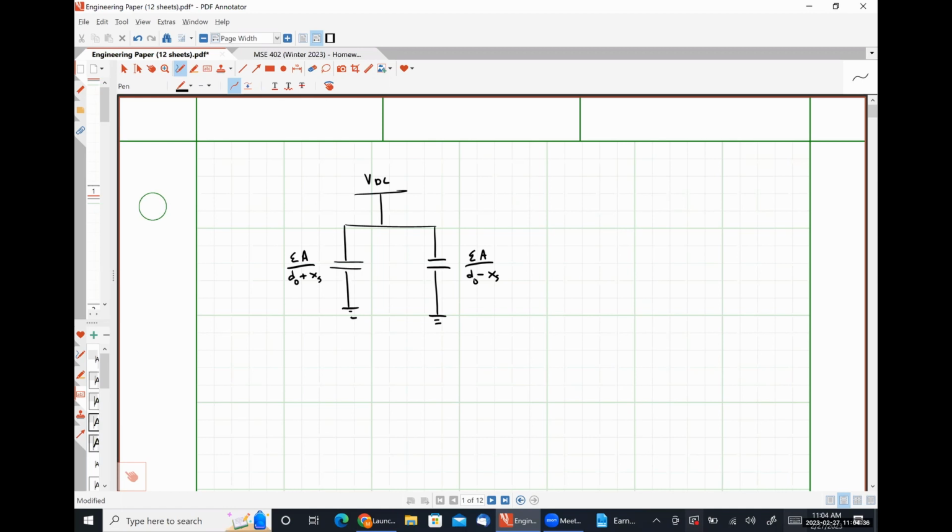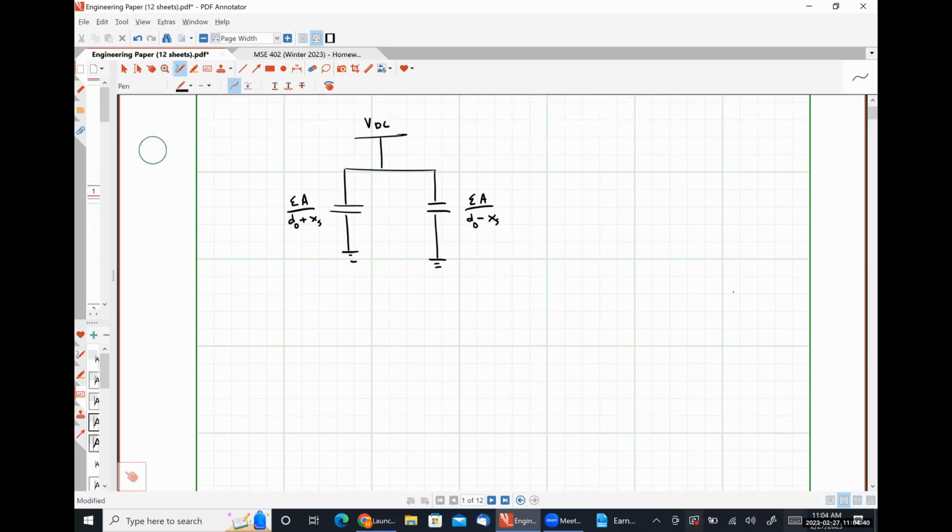Okay, that makes sense, because the equation I saw, to me, was the intrinsic drive equation. No, it's because it's two parallel plates, two parallel plate capacitors in parallel.